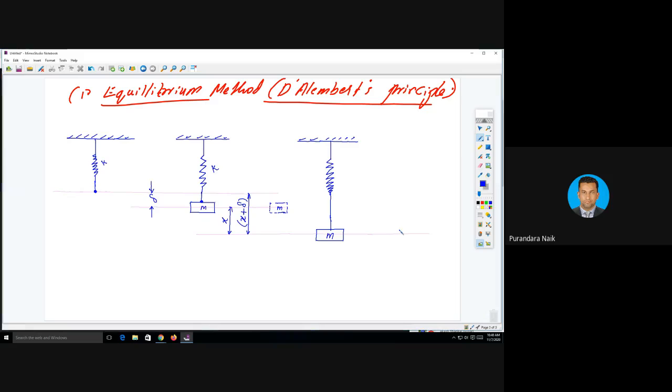Here also I have the mass at this position. Copied? This is K.